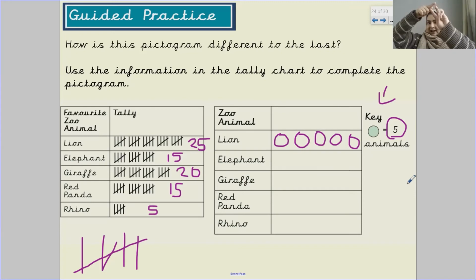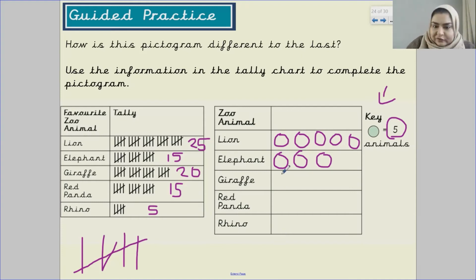5, 10, 15. So I am going to draw 3 circles. Okay. Now the next one says 20, so I'm going to count in fives because the key says 5 for one circle and there are 20 giraffes. So I'm going to count until I get to 20. 5, 10, 15, 20.